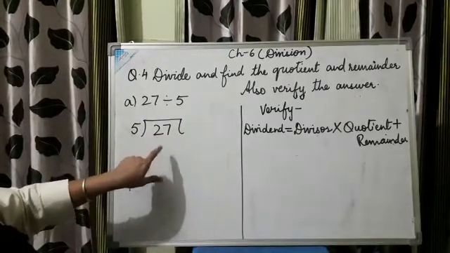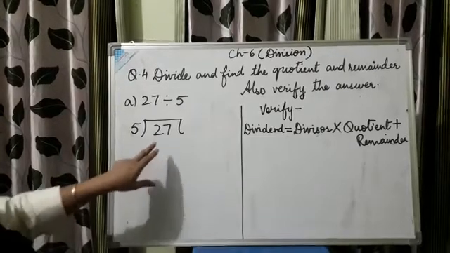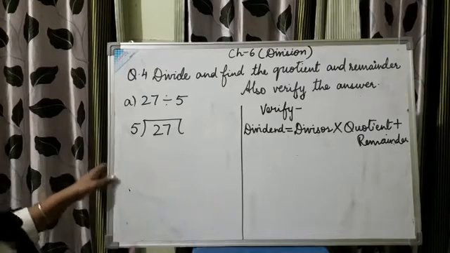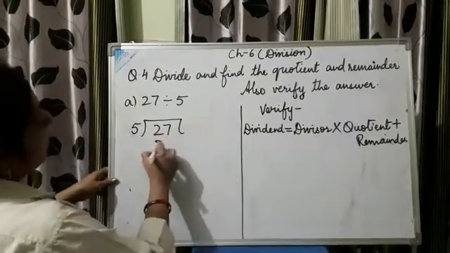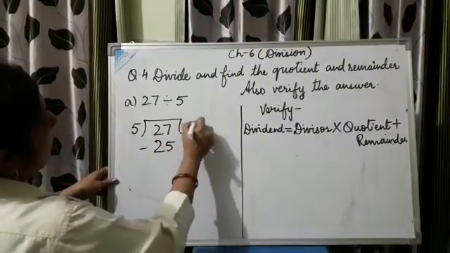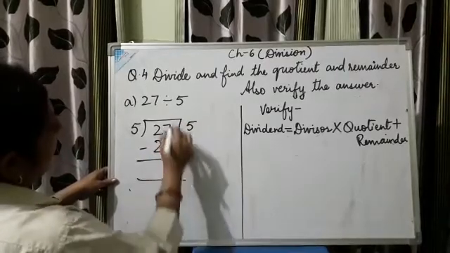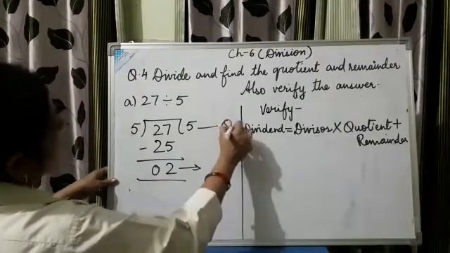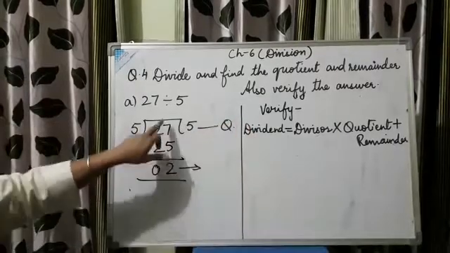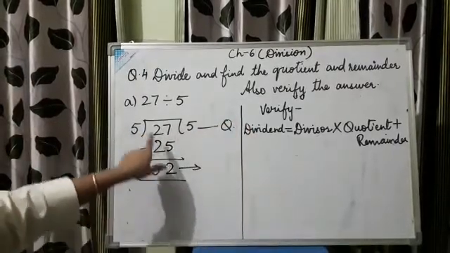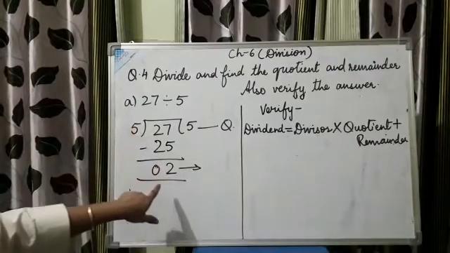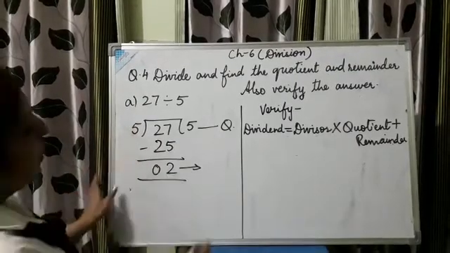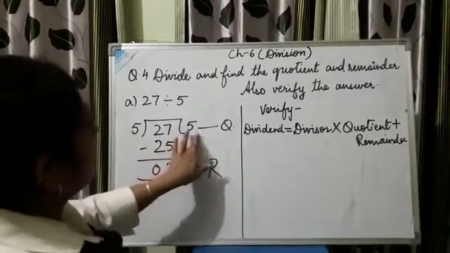So you get 25 as the nearest number in the 5 table which is less than 27. So 25 comes at the 5th time, and when you subtract, you get the remainder as 2 and quotient as 5. 5 5s are 25. After deducting, you get 2, which is lesser than the divisor. So you cannot take your division further. So your remainder becomes 2 and quotient becomes 5.